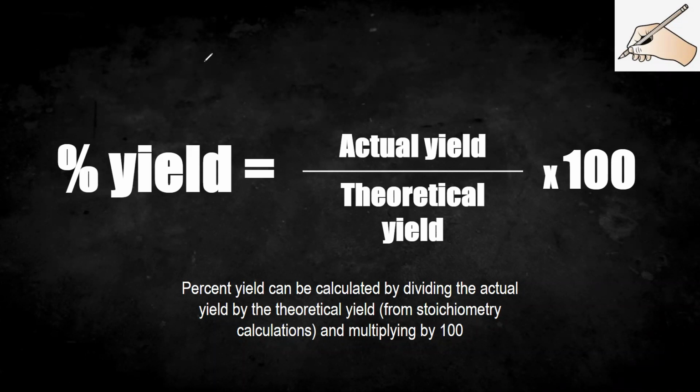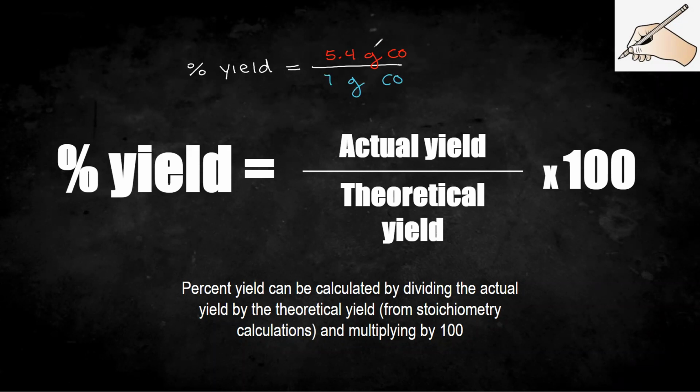So if I'm trying to calculate my percent yield from that chemical reaction on the previous slide, and my actual yield, I don't even remember what I wrote down, maybe it's 5.4 grams of carbon monoxide, but my theoretical yield I calculated was 7 grams of carbon monoxide. All I'm going to do is divide this 5.4 grams of carbon monoxide by 7 grams of carbon monoxide, and then I'm going to multiply it by 100 to get it to a percent value.